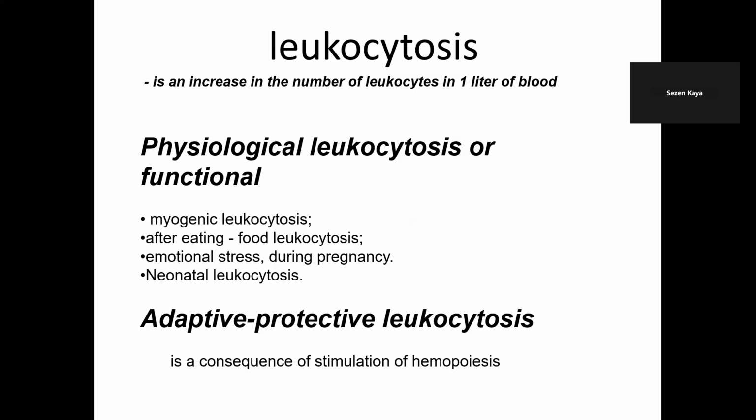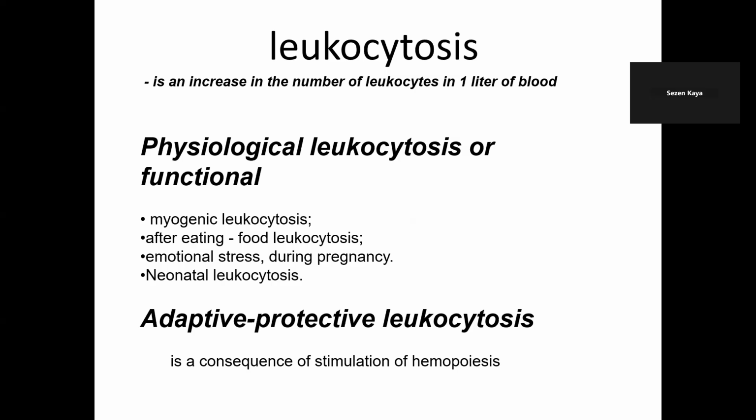For example, the level of leukocytes could be increased for 3-4 hours, and after 3-4 hours it turns down. Why does this happen? It happens as myogenic leukocytosis after physical exercise, after some physical work.